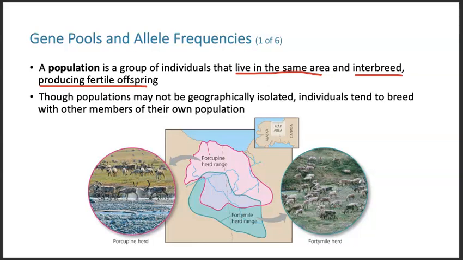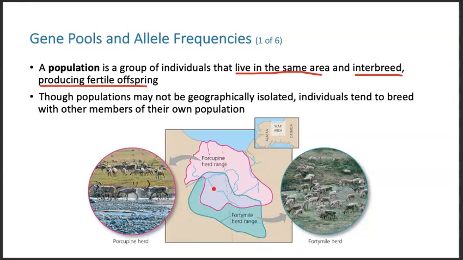So populations don't have to be geographically isolated. Like this example of these different herds found in overlapping ranges, it turns out that the members of the porcupine herd, and no, they're not porcupines here, that's just the general area where they're found, only really interbreed with each other.